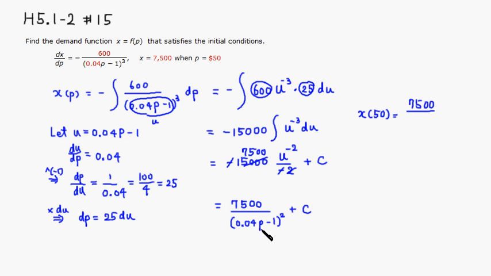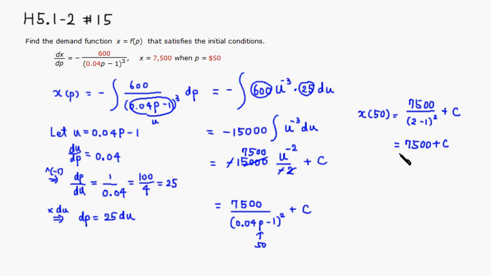We plug in 50 for p: 0.04 times 50 is 2. Then 2 minus 1 squared is 1 on the bottom anyway, so it's 7,500 plus c.